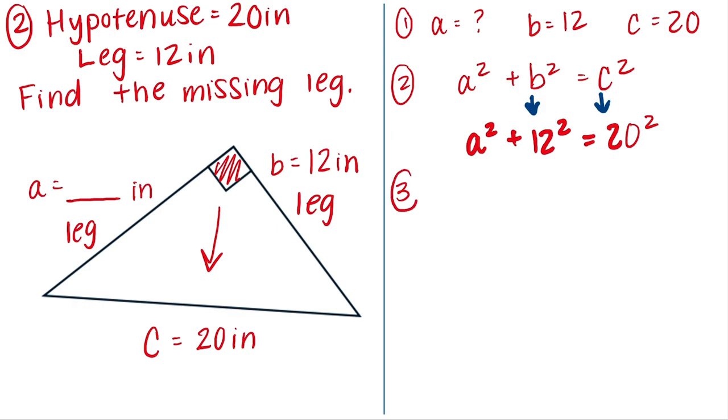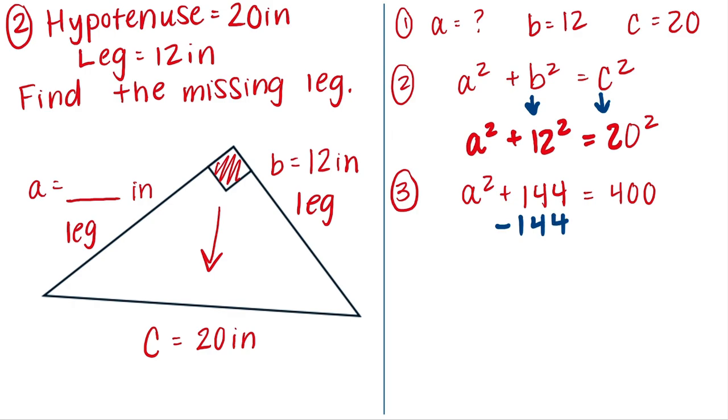So to solve for a, we're going to first simplify by evaluating 12 squared and 20 squared. 12 times 12 is 144. And 20 squared is 400. So if I'm going to solve for a squared, first I'll get a squared by itself on the left side by doing the opposite operation.